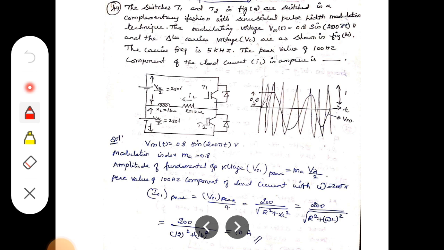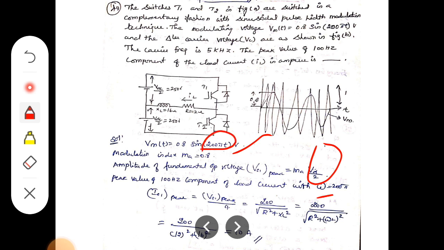So we want to calculate the load current in the circuit, IL. So Vm is equal to 0.8 sin 200 pi t volt. The modulation index is 0.8. Then the amplitude of the fundamental output voltage is modulation index into Vd by 2. Then the peak value of the 100 Hz component of load current, with omega equal to 200 pi.